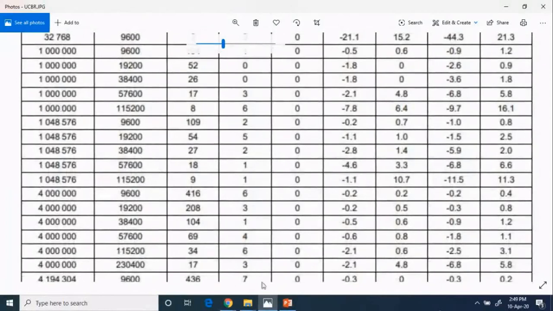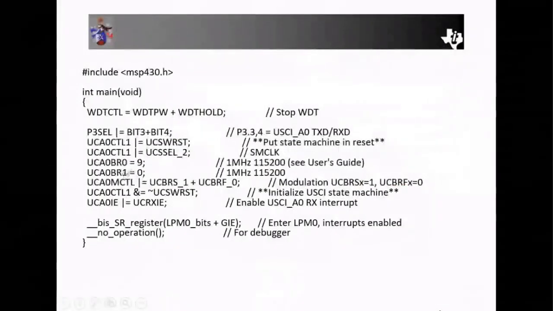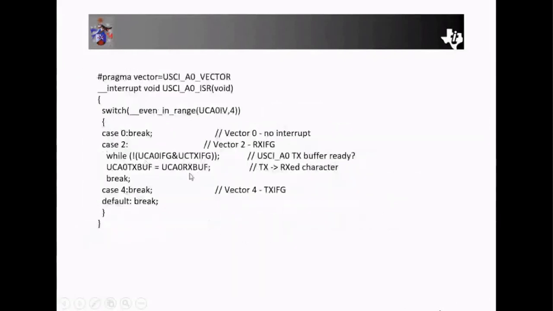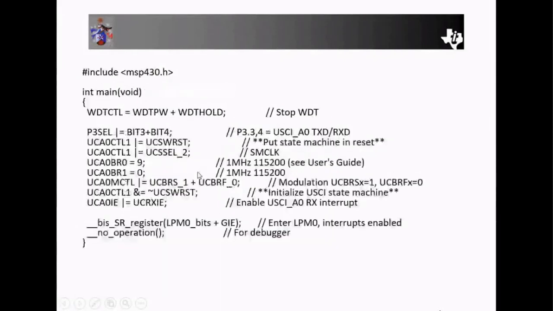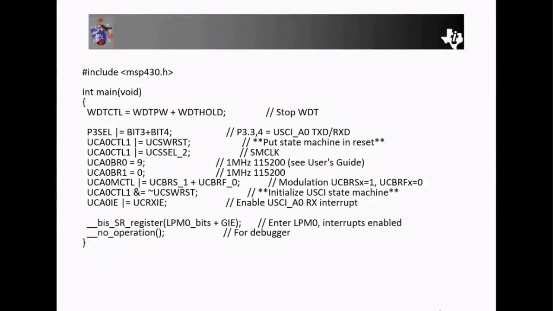So this is the baud rate corresponding to a 1 megahertz BR clock. That's why it is written there UCA0BR0 equals 9. It means that it is used for 115,200. This value is given in the user guide. What is a user guide?